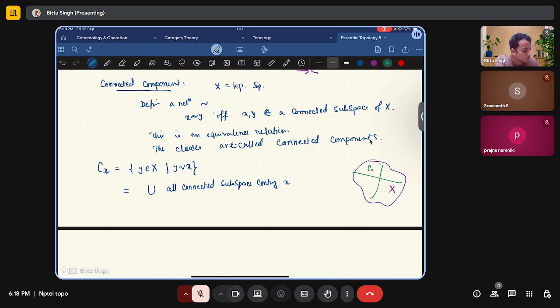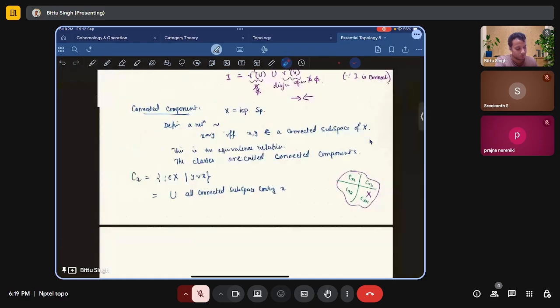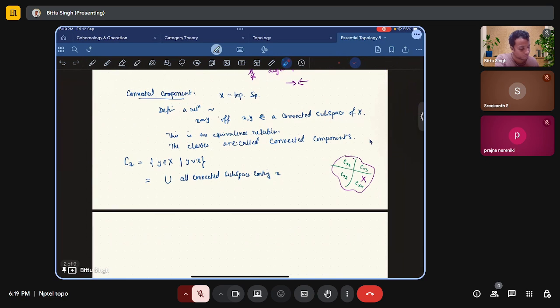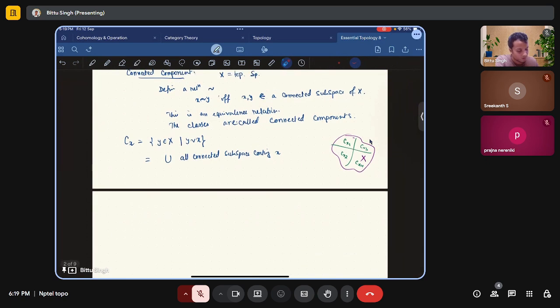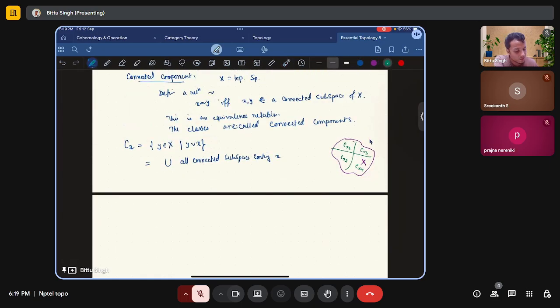For example, this will be some Cx1, this is some Cx2, Cx3, and Cx4. Those are not unique, because instead of x1, if another x1 dash belongs to the same component, Cx1 and Cx1 dash are the same. Those two classes are the same, right? Because of transitivity, this kind of property from an equivalence relation.